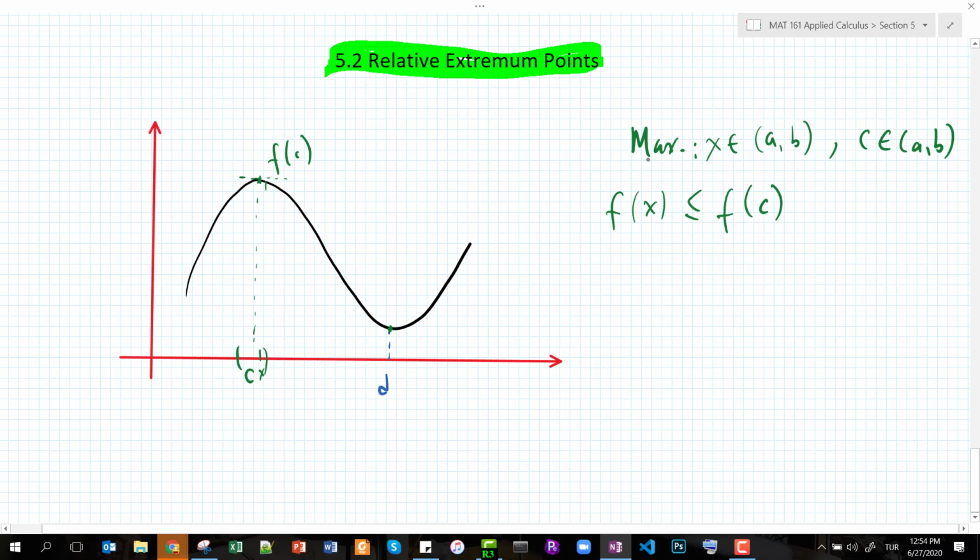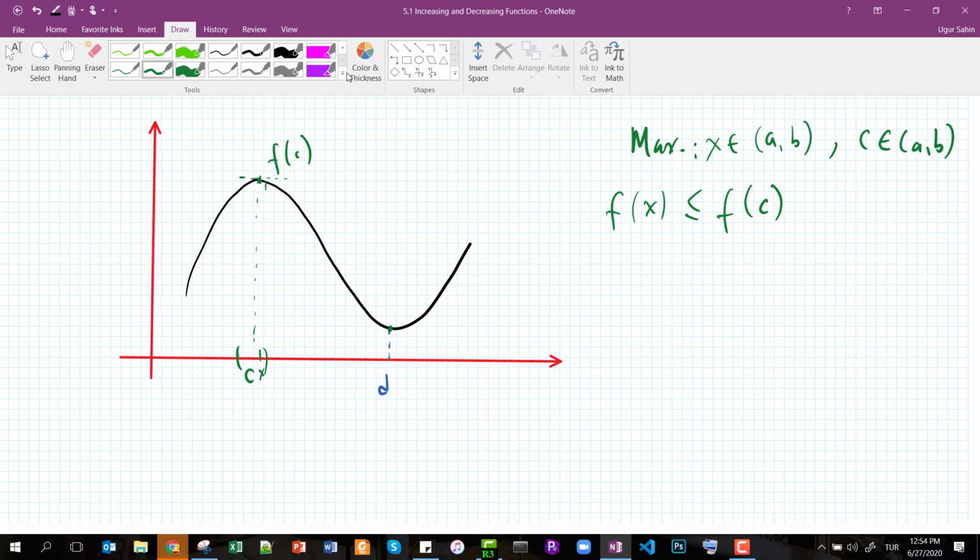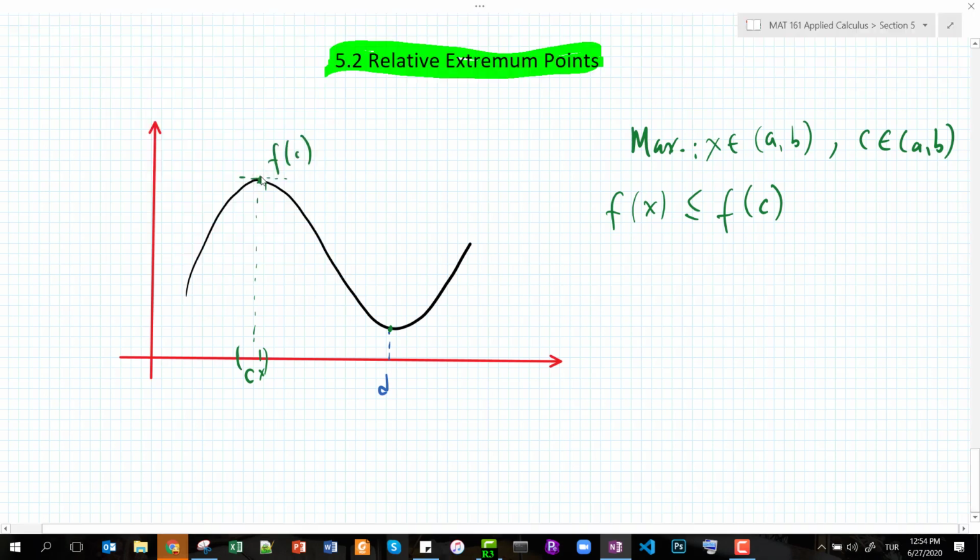Why do we call it the relative maximum? Soon we are going to discuss that. So what about d? Can I say similar things about d? Yes. If you look around d, there is no value which is less than f of d. As you see, f of d is the smallest value you can take in this interval.